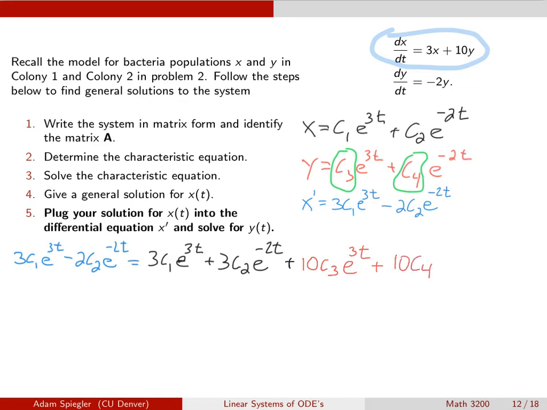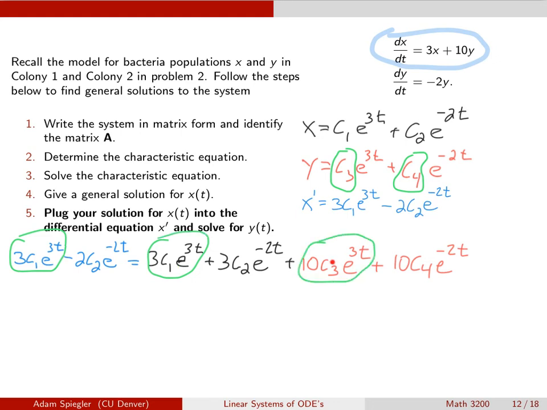And the goal here is to figure out how c3 and c4 depend on c1 and c2. So let's group all of the terms that have an e to the 3t in them. For example, that would be this term over here, this term over here, and this term over here.